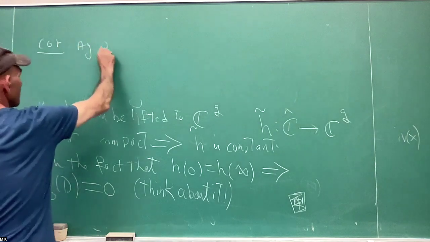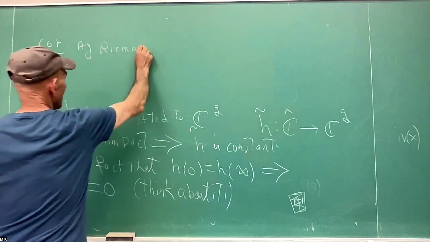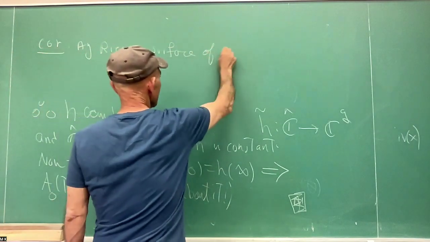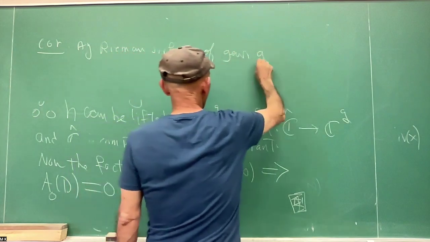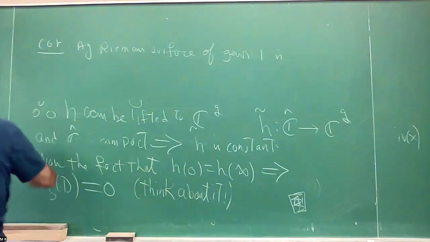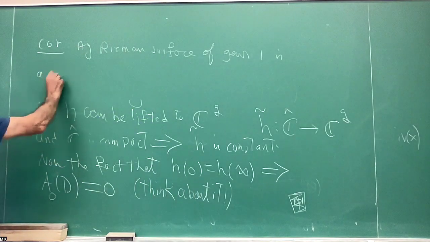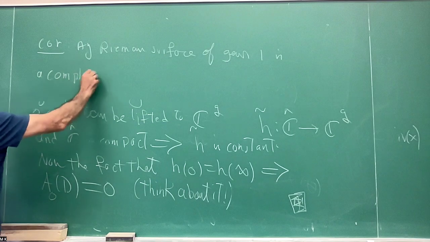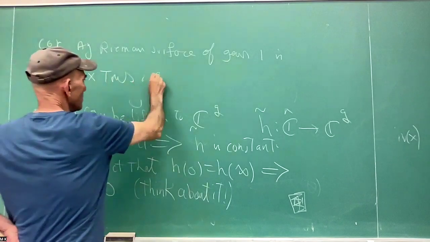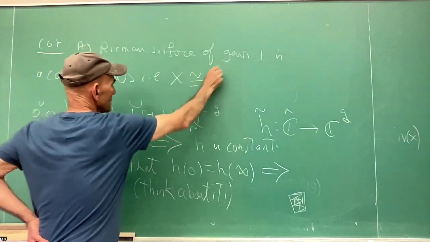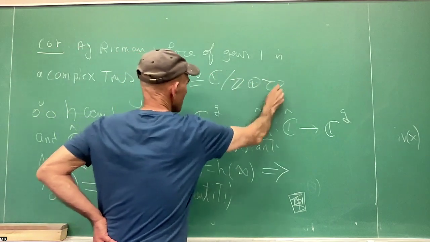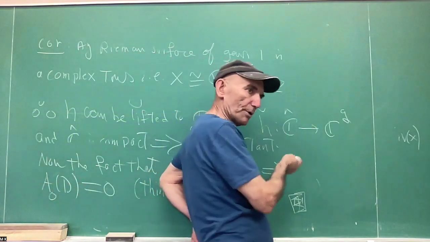Any Riemann surface of genus 1 is a torus, a complex torus, C divided by Z plus tau Z, with the imaginary part of tau in the upper half plane.